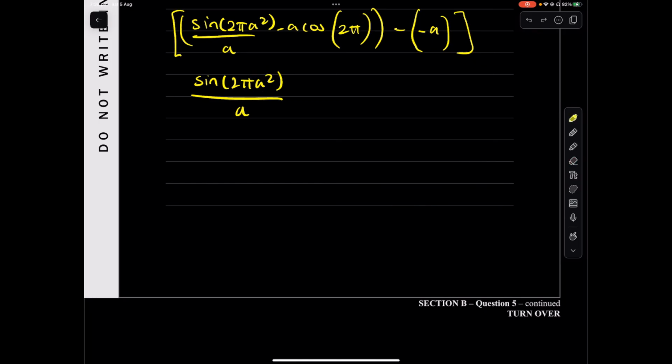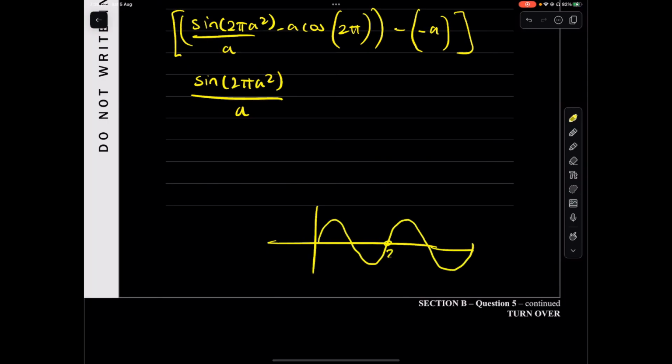Just imagine a graph of sine, so that's 2 pi here, and that's 4 pi. Let's say a equals 1. That'll be 2 pi, which is still 0. Sine will equal 0 at 4 pi. If it was a equals 2 or negative 2, it'd still be 4 pi, so it still equals 0.